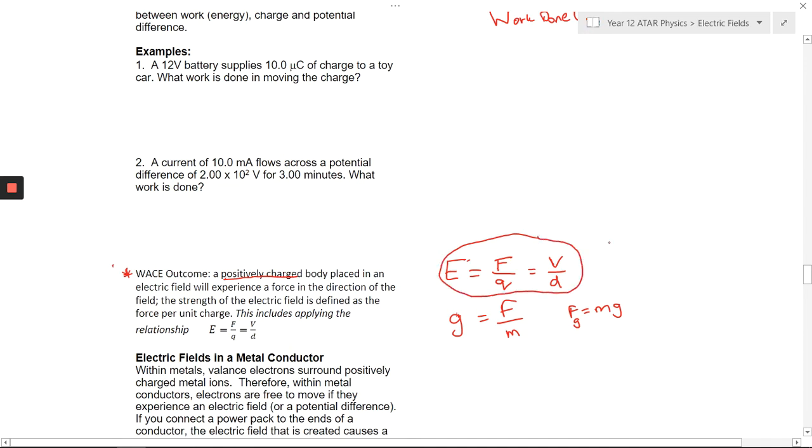This whole E equals voltage divided by the separation is often used for charged plates. So maybe this is something you might want to add into your hints and tips sheet or your mind map, to say that this is typically used for charged plates.